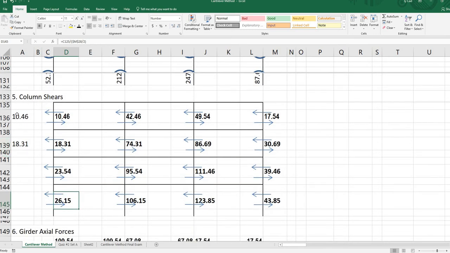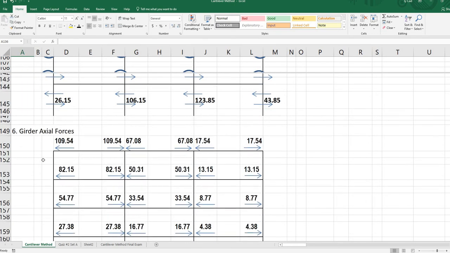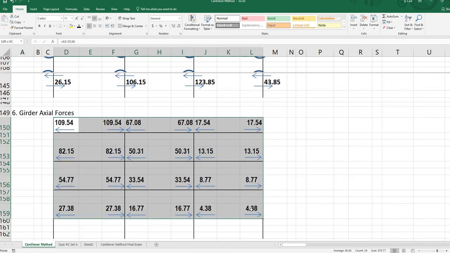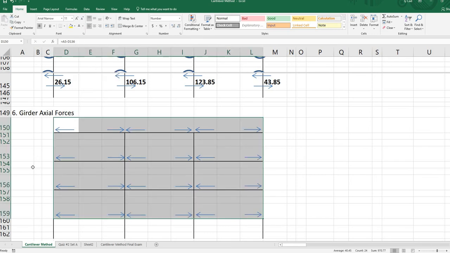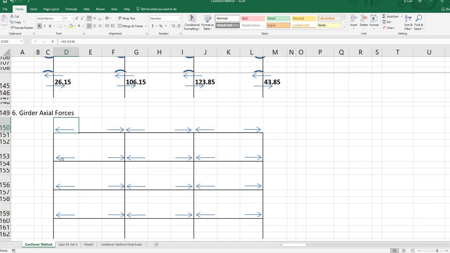Okay, next would be girder axial forces. For girder axial forces, the summation of horizontal forces acting at the node is equal to 0.